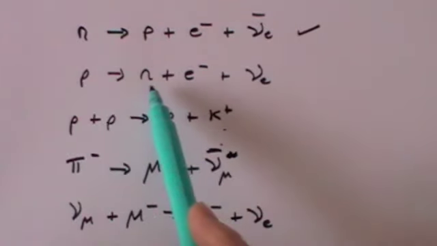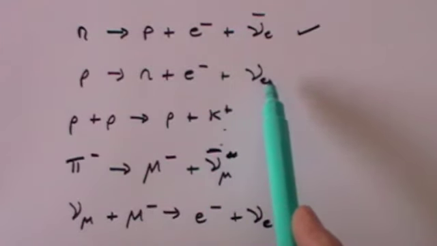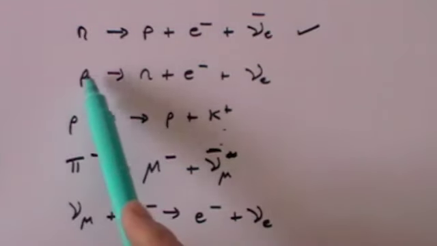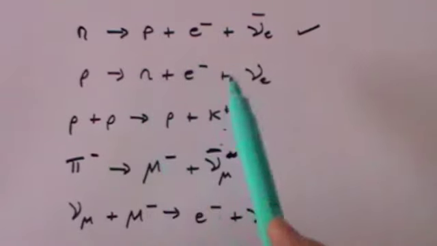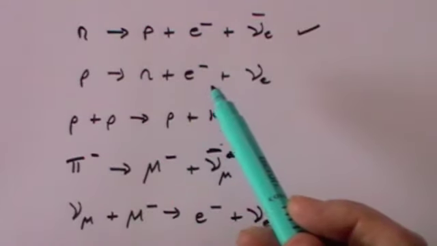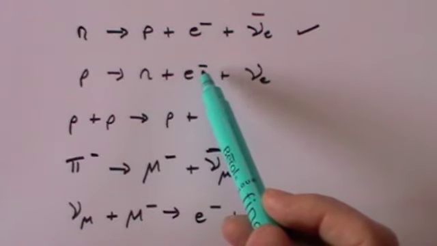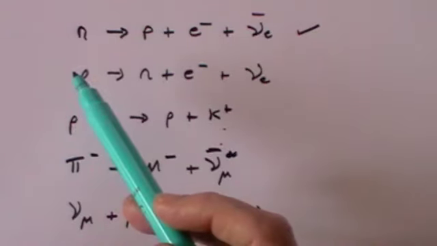Next we've got a proton decaying into a neutron, an electron and an electron neutrino. Well, the baryon numbers are okay. We've got a baryon number of 1 here and 1 here, so that's all right. Lepton numbers are not okay because we've got a +1 lepton here and +1 lepton here, but no leptons on that side.